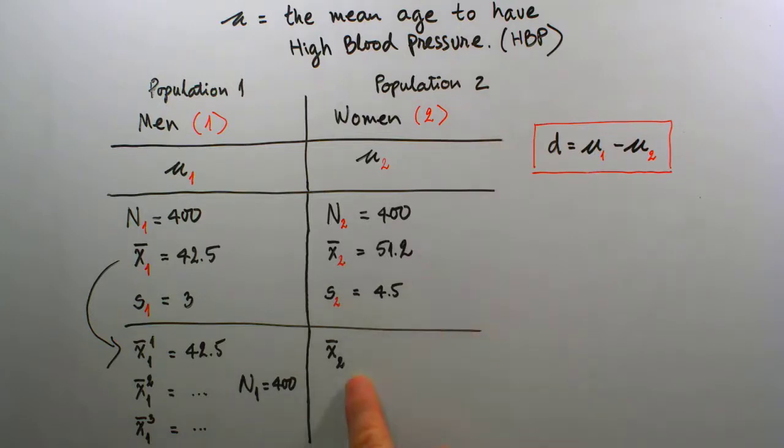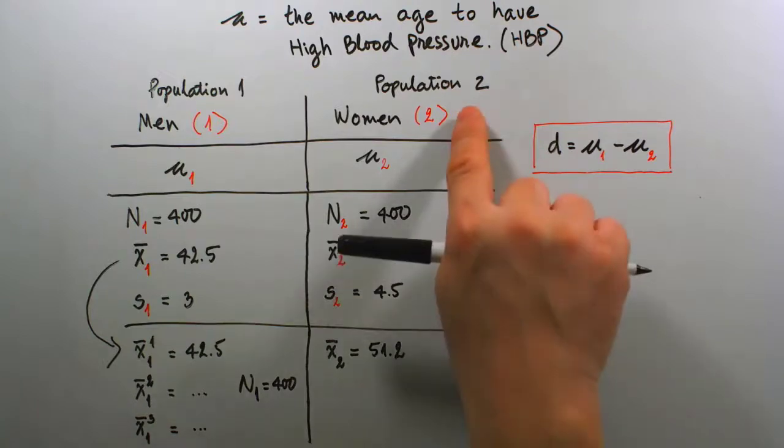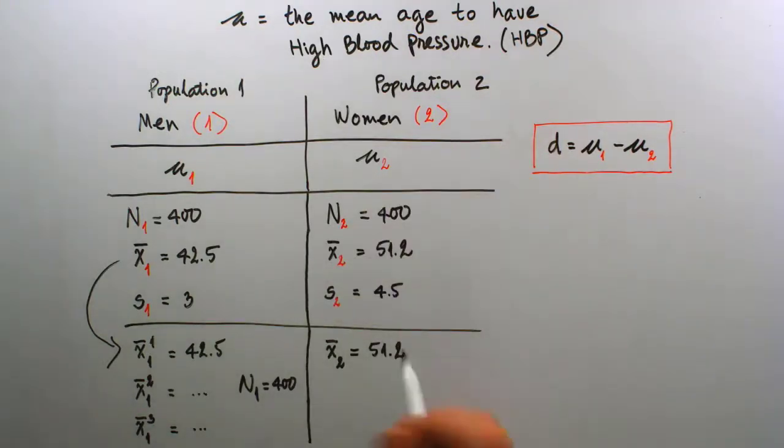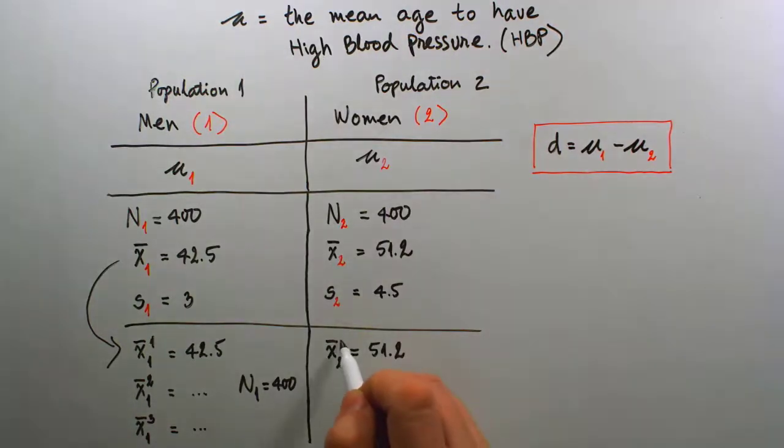It's only indicating where we selected it from. But if this is the first sample, and let's say maybe 51.2 is our first sample from population 2, then we can give that a superscript to indicate the first sample. And then again, the same idea of how we pick samples: once we pick one sample, we can pick another one.